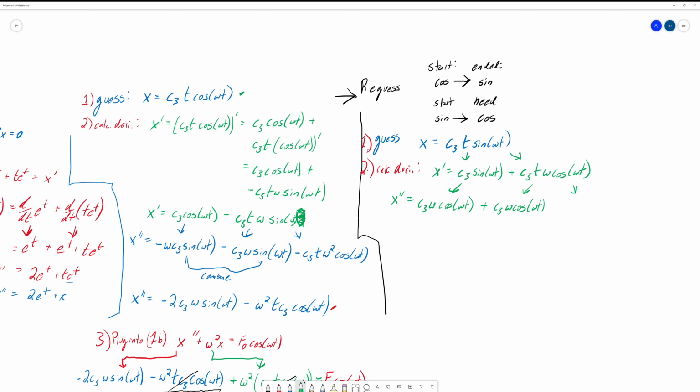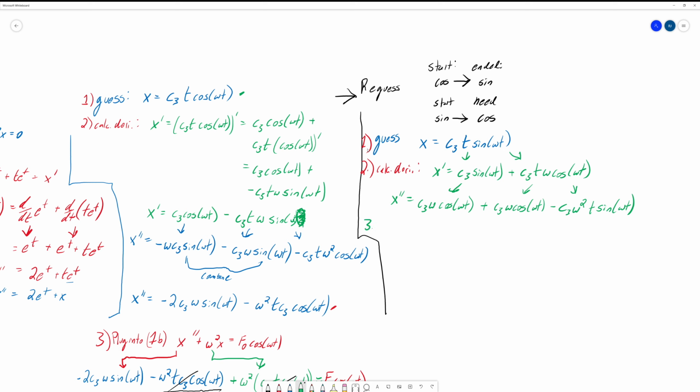And then we have to do it again because of the product rule. Derivative of cosine is minus sine. We're going to have C3 omega squared times t times sine of omega t. I'm taking these derivatives kind of fast here, but if this were on an exam or something, write it out a little bit more so you don't get turned around.